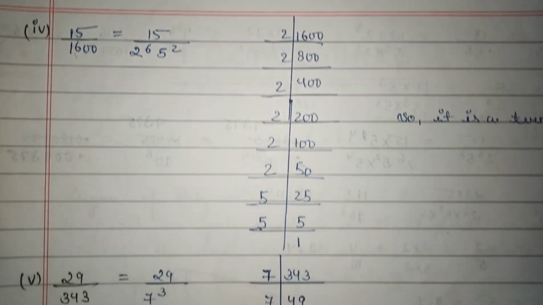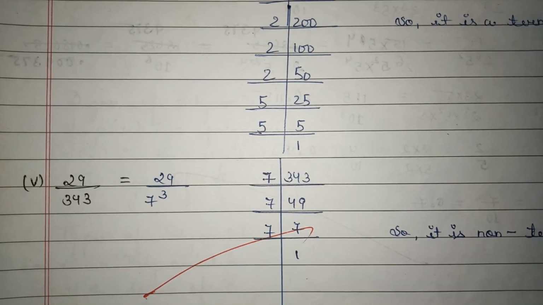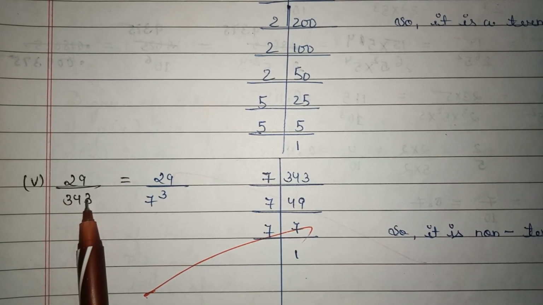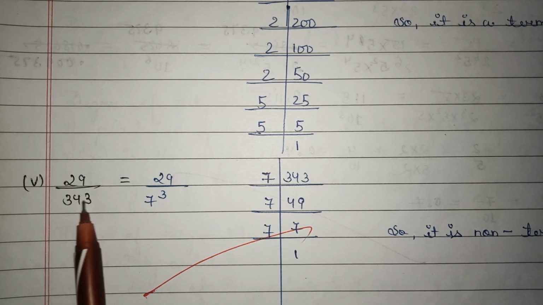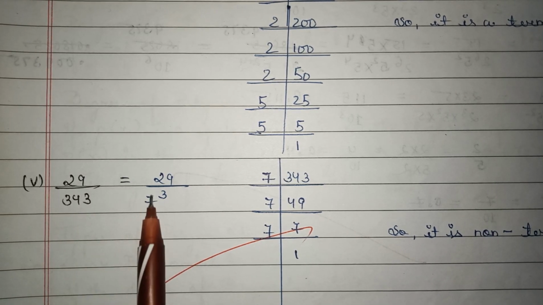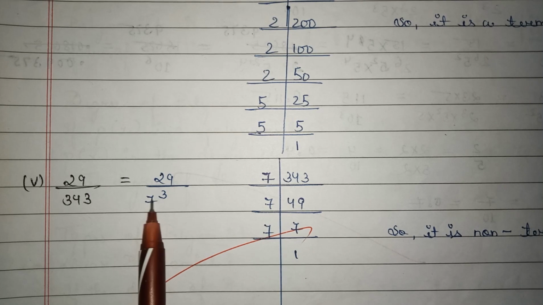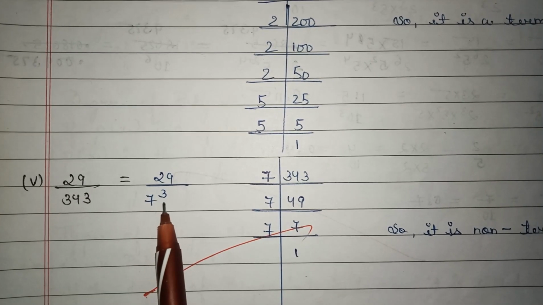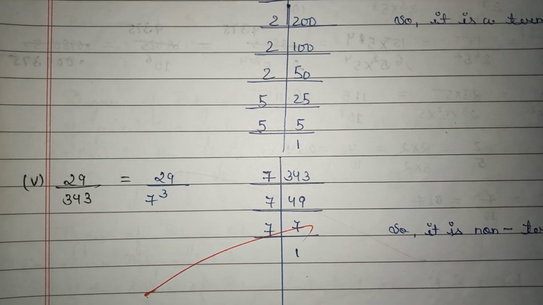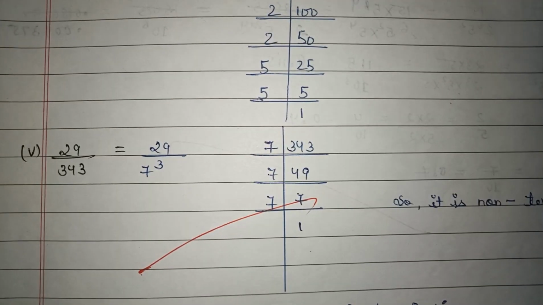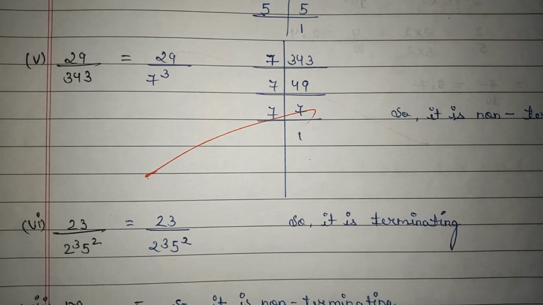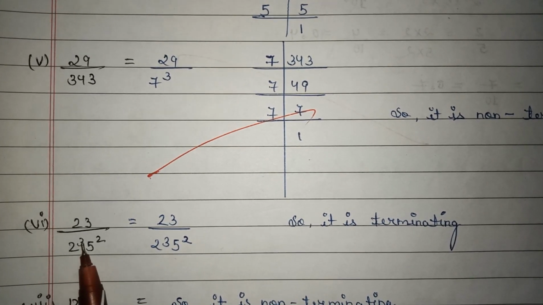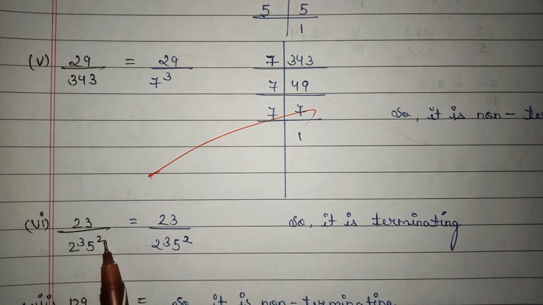Moving to the fifth part of this question, we are given 29 upon 343. We already know that 343 is the cube of 7. So we can write this as 7 into 7 into 7, which is 7 raised to power 3. Here we get a factor other than 2 and 5, so it will be a non-terminating one. Now moving to the sixth part, we have 23 upon 2 raised to power 3 into 5 raised to power 2.